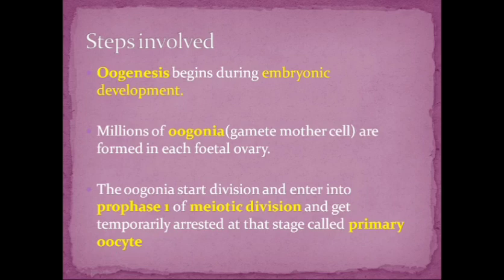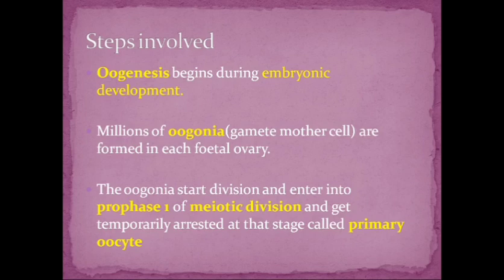As I've told you, the oogenesis process of synthesis of ovum begins as soon as the female embryo is formed in the mother's womb, and the fetal ovary will be having millions of oogonia, and these oogonia start division.